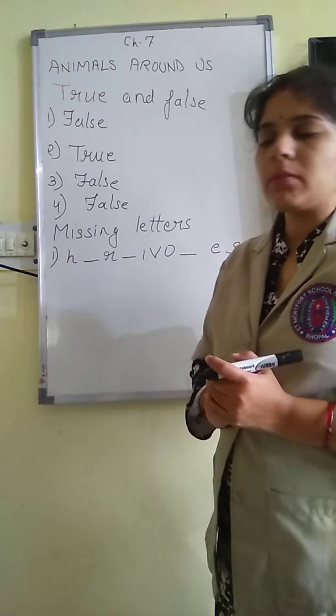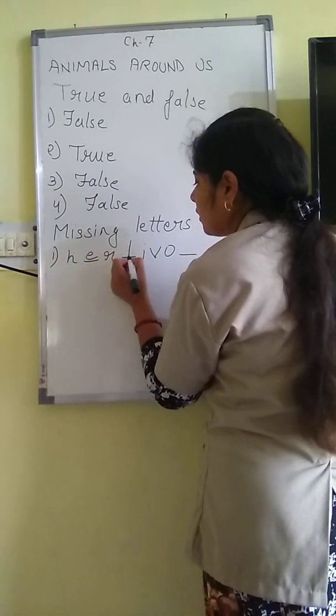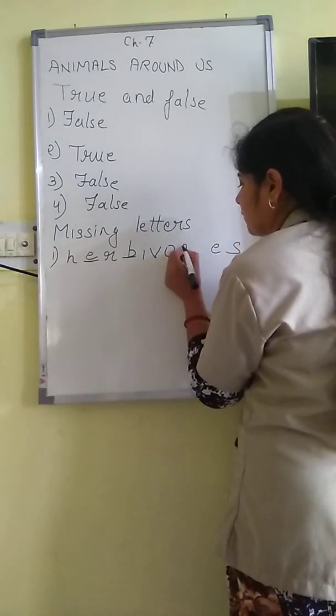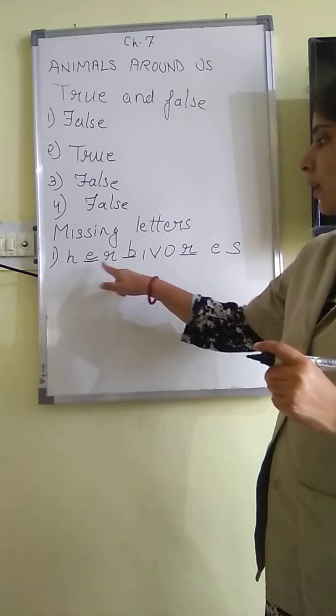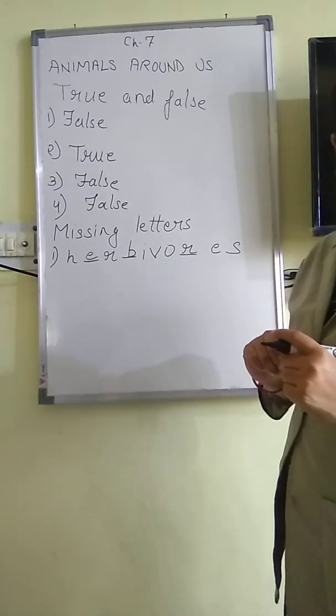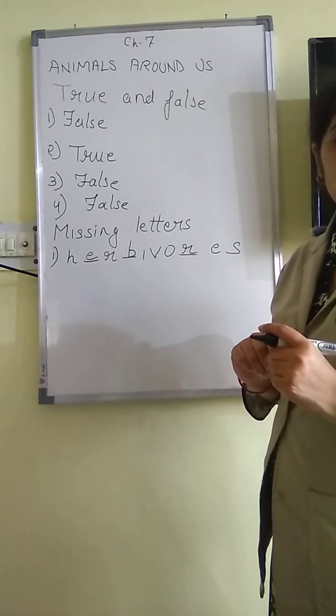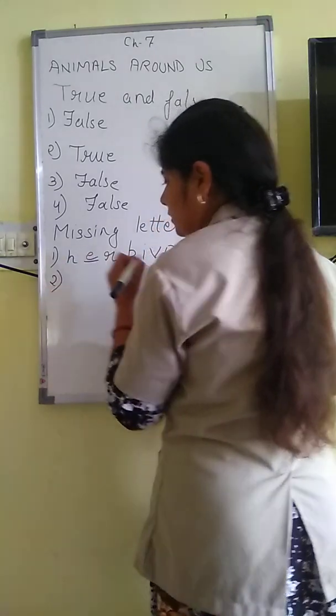So which kind of animals are they? It is herbivores. So please write the letters in the word here. E, R, B, I, V, O, R, E, S. That is your herbivores. Coming on to the next one.